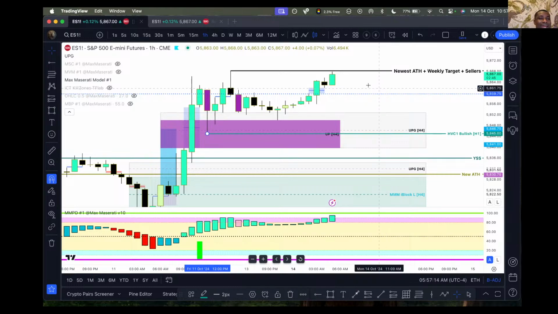So what I expect for this week, I expect price maybe today on Monday to take this high. If the buyers are strong enough, like they are showing, they need to keep pushing price up. If they can't, then after today's close, it depends on how the candle closes. If the candle closes with a bullish body close for today, we expect price to keep pushing up.